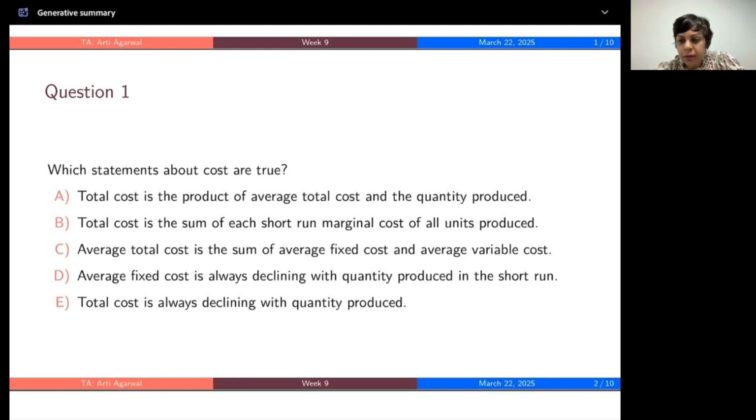Okay, one person has answered C. You can think a little bit more if you want. You're asked which of these statements is true.